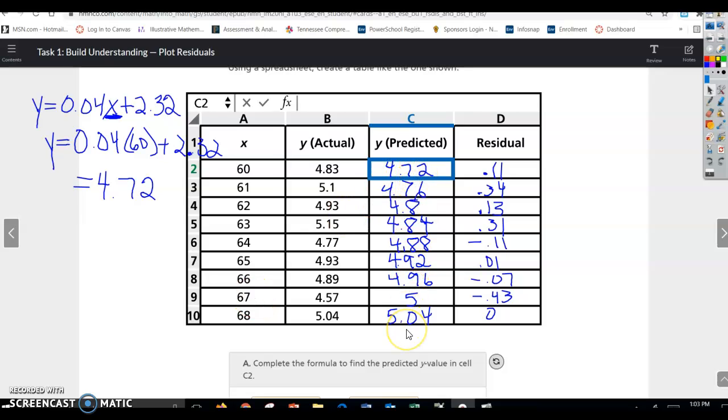So that's our predicted y value. To find the residual, all you had to do was take the actual minus the predicted. So 4.83 minus 4.72 is 0.11, and so on. You can see at the bottom, 5.04 minus 5.04 is just 0. So all we did was subtract column C from column B here.